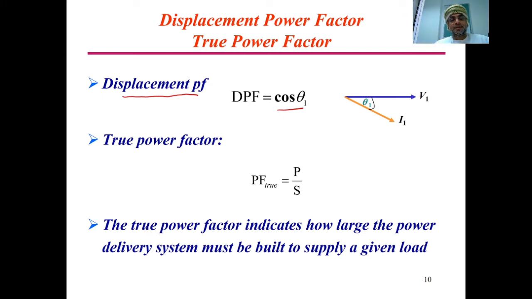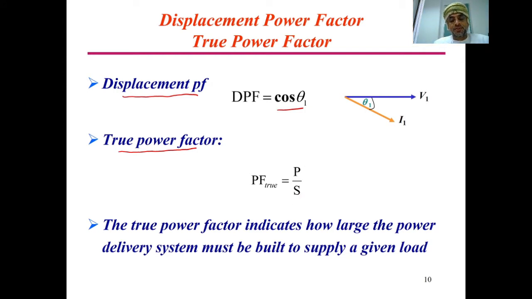But since the waveform contains harmonics, we also have another definition which we call the true power factor, and that will be the angle between average power and apparent power.